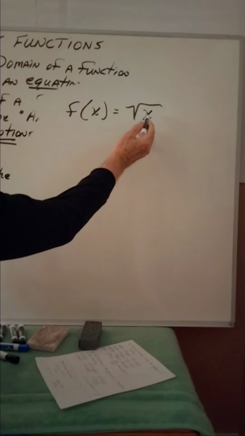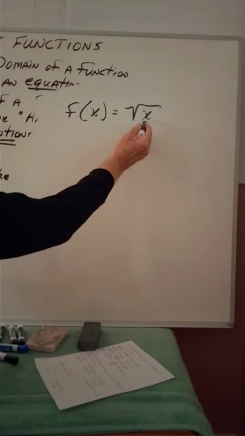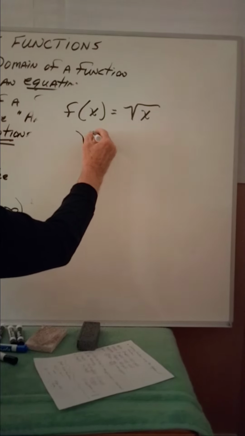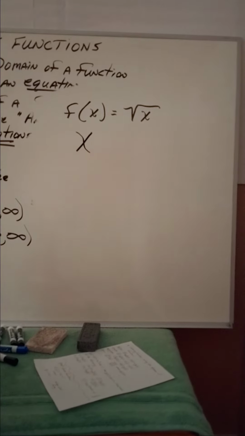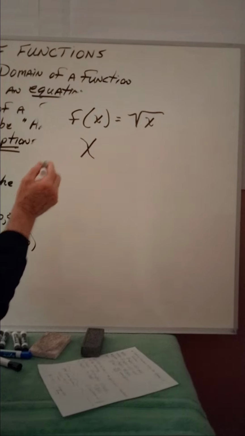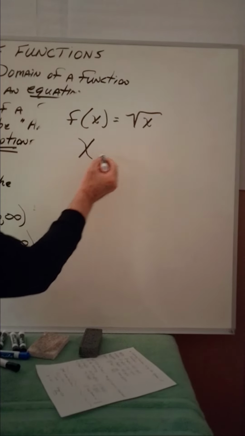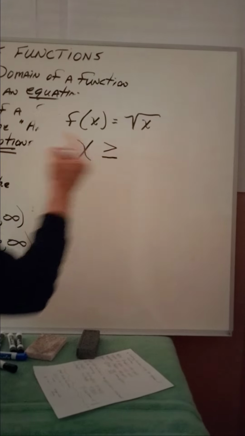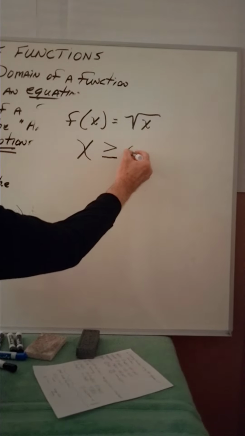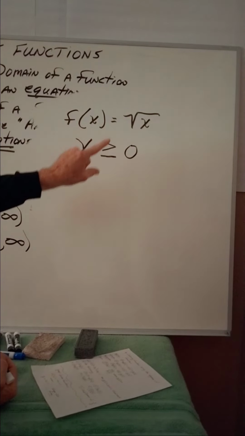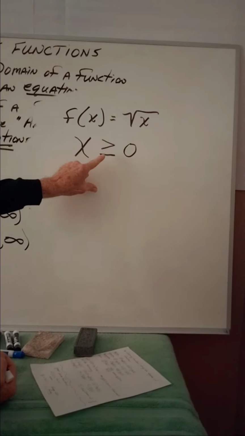So the first thing I want to share is, if you bring down that radicand, the symbol that you now use to identify what your domain is going to be, you let x be greater than or equal to 0. For this one, x can be equal to 0 or greater.